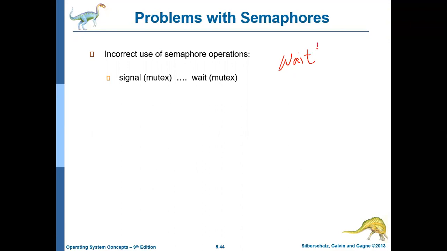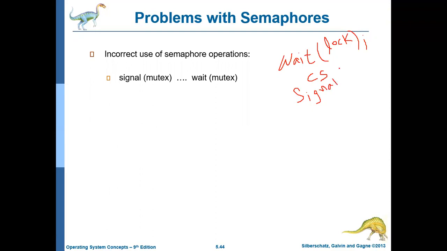Mutex is also a lock, one type of lock. As long as the lock is not available, it will keep waiting. If the lock is available, then it will enter the critical section. Once its job in the critical section is completed, then it should call signal. This is the actual flow of a semaphore if it is programmed correctly.